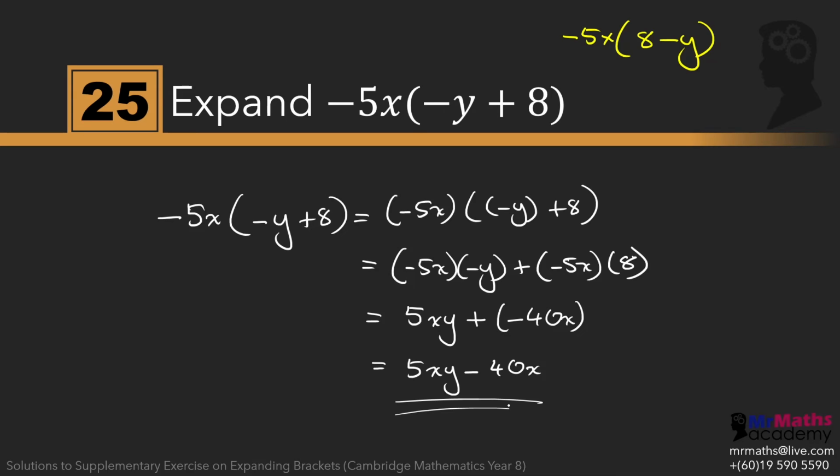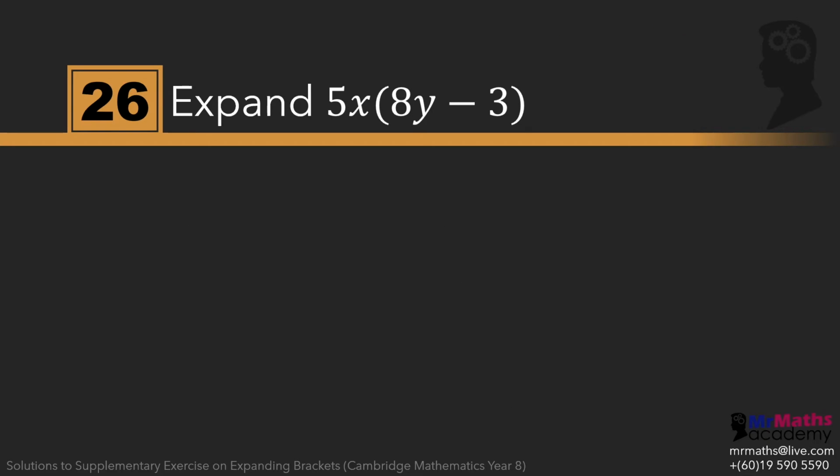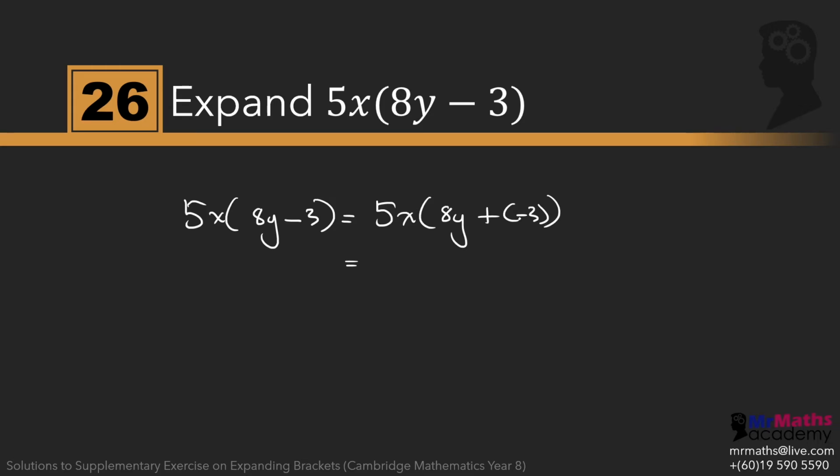Next question. We are to expand 5x and 8y minus 3. Okay, so 5x, 8y plus minus 3. This is my style. You may not put the bracket, it is optional, but I do that to avoid confusion.